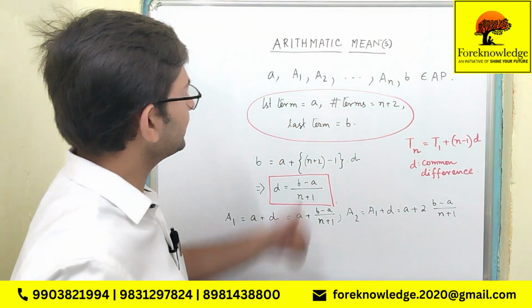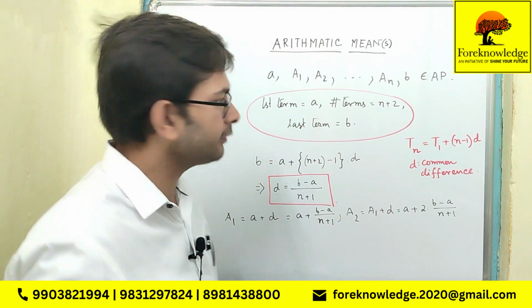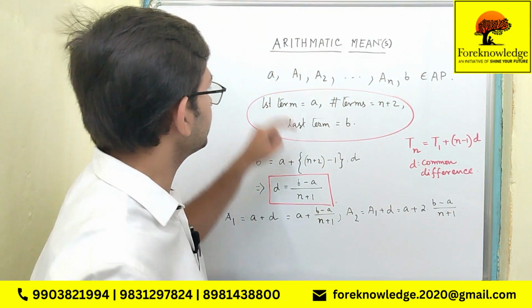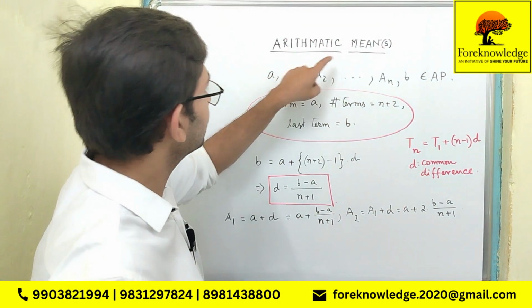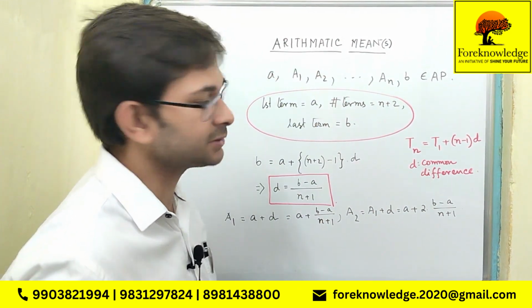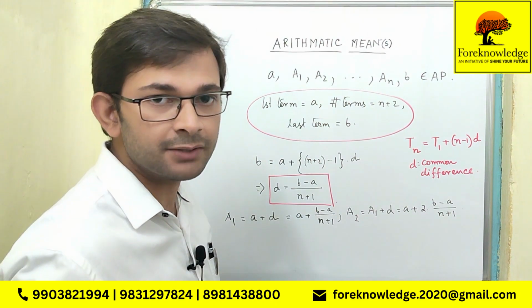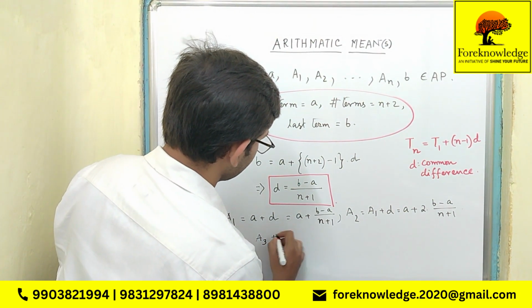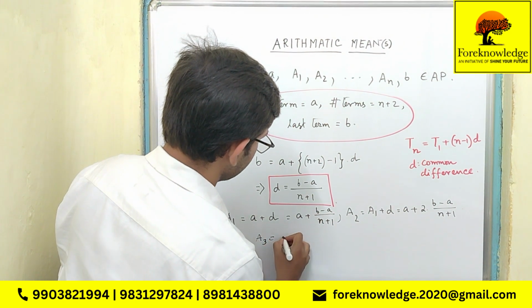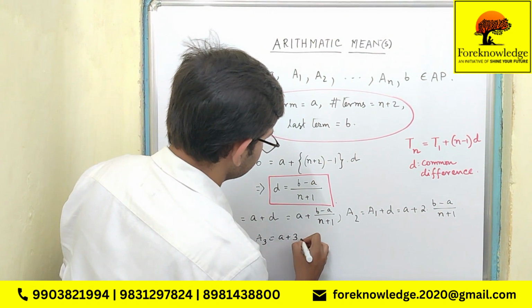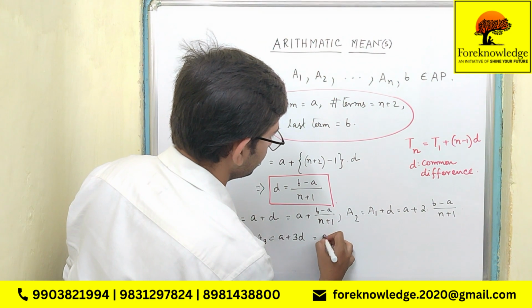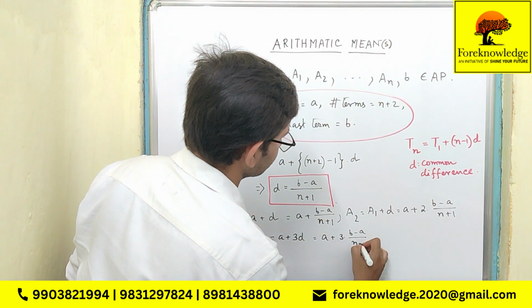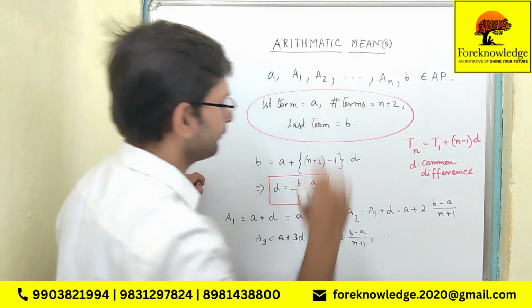A3 is the fourth term of the sequence, so A3 will be A plus 3D, which is A plus 3 into B minus A by n plus 1, and so on.